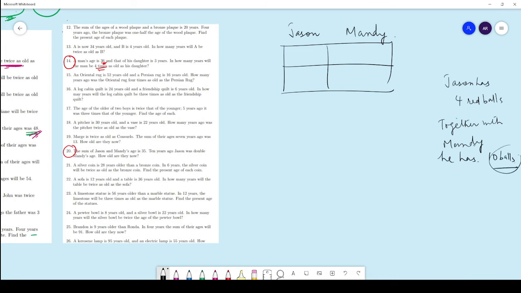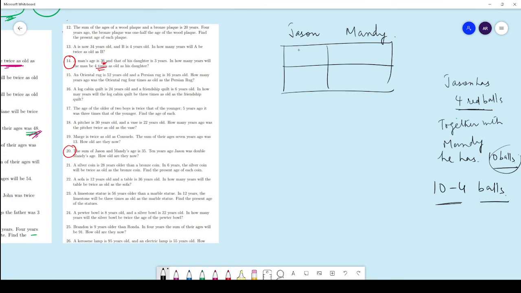So what does this mean? That whatever Jason has, Mandy has 10 minus 4 balls, right? Are you able to get this? If Jason has 4 red balls, Mandy has 10 minus 4 red balls.